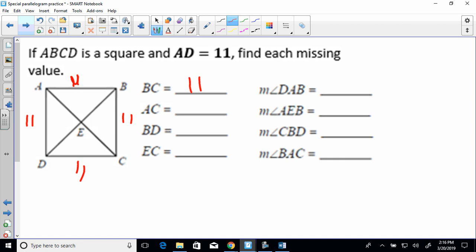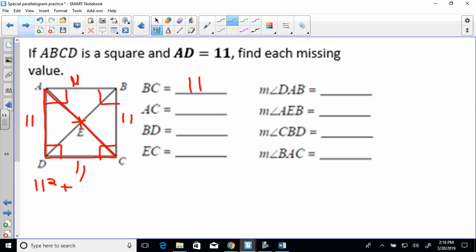So now we want to find AC, which is the diagonal. But remember, we can complete a triangle here, and because it's a square, we know all the angles in the square are 90 degrees. So right here, triangle ADC is a right triangle, and we're looking for AC, which is the hypotenuse. And so now we can solve for AC.